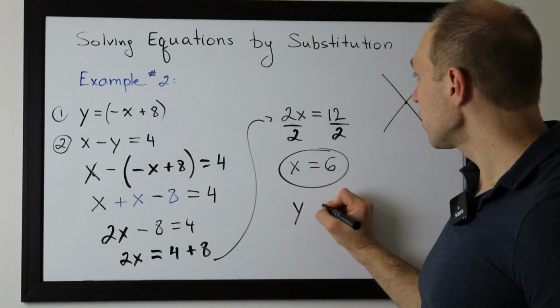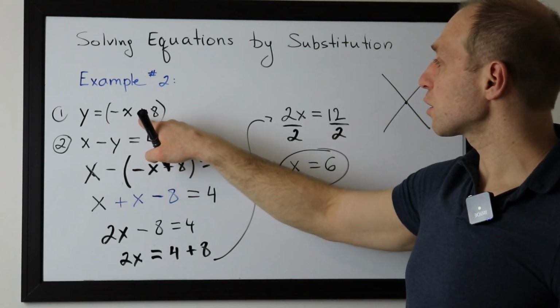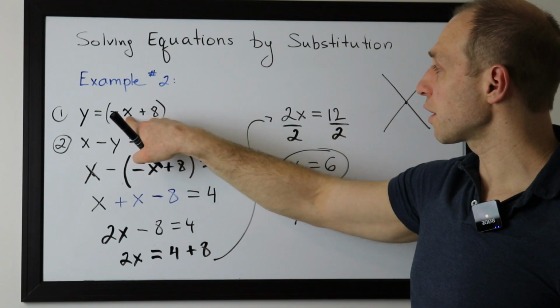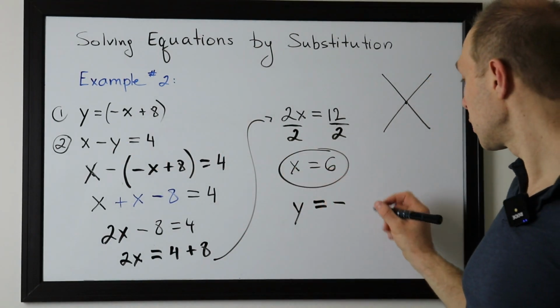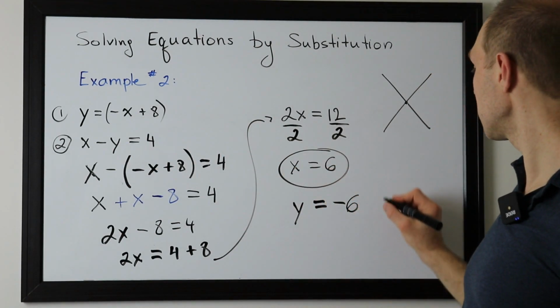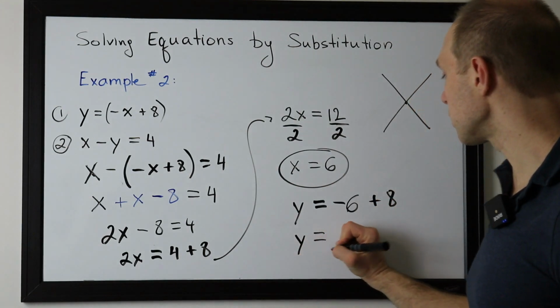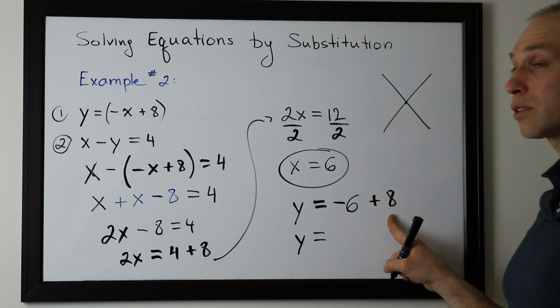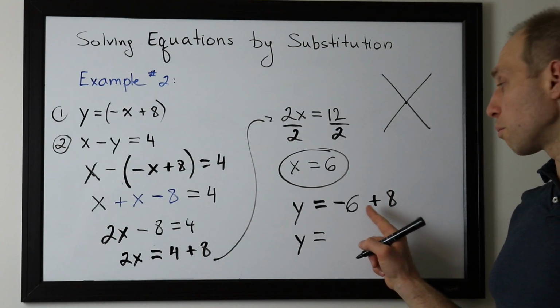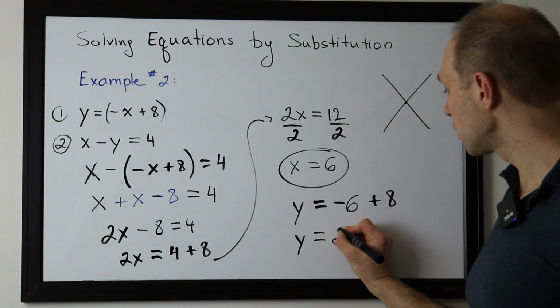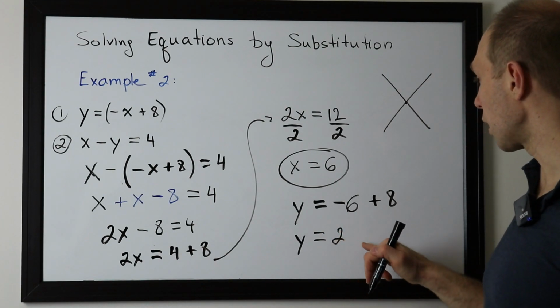It says y equals negative x plus 8. So the negative stays, but x is 6. So instead of x, we're going to put 6. So y is equal to negative 6 plus 8, which is the same as 8 minus 6, which gives us 2.